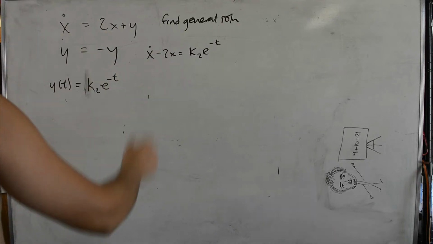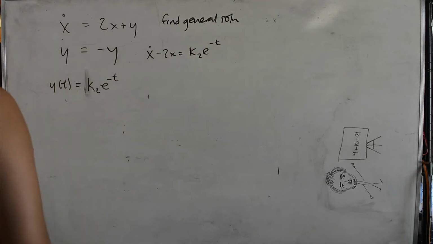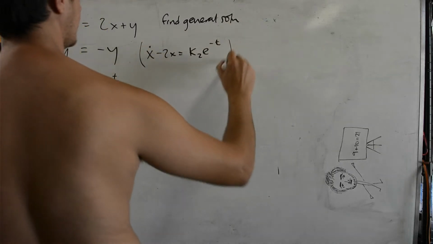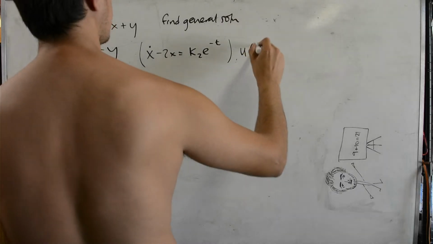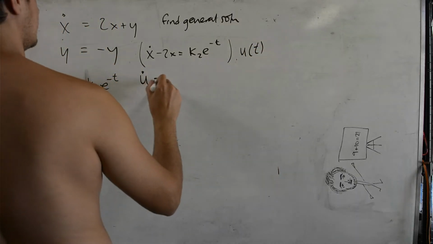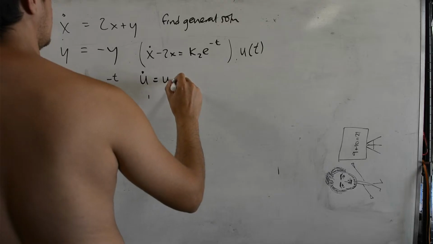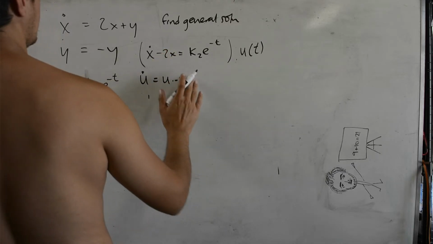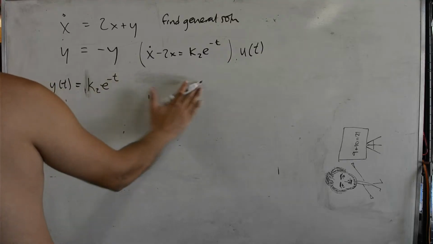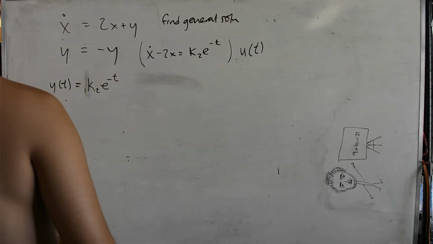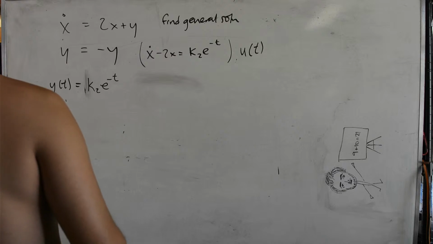This is non-homogeneous because this is not. Anyways, we can either use integrating factors, where we multiply this whole thing by some u of t, such that u dot is equal to u times minus 2, or we can guess. So we're going to guess.